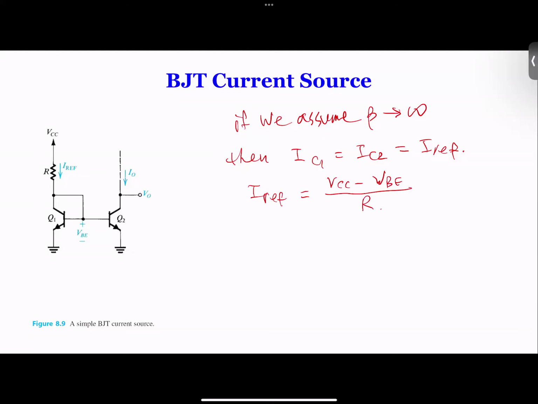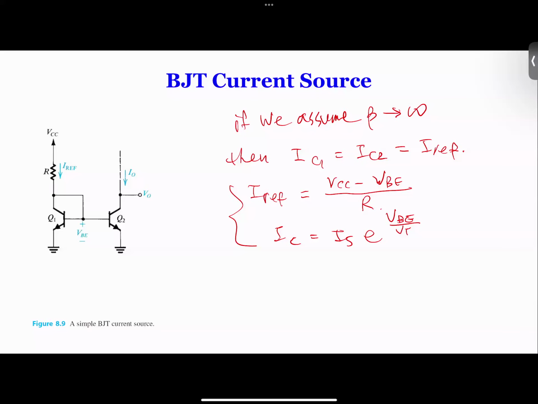And then from the previous equation, you know that IC actually equals IS times e to the power of VBE over VT, right? So from this equation over here, you can calculate the current that you need.